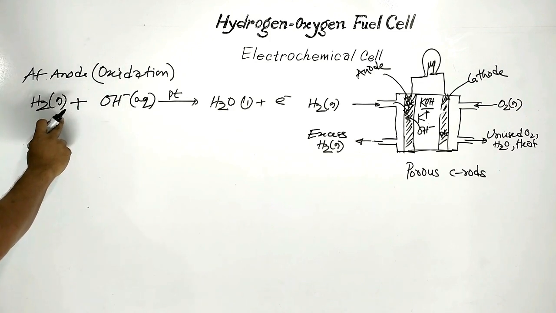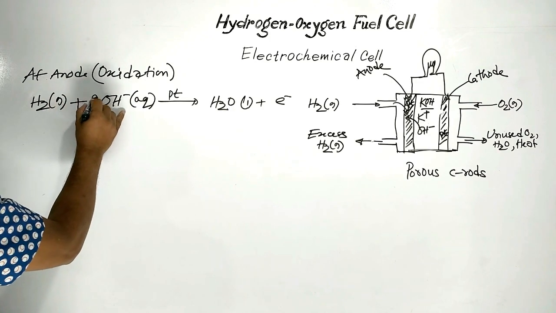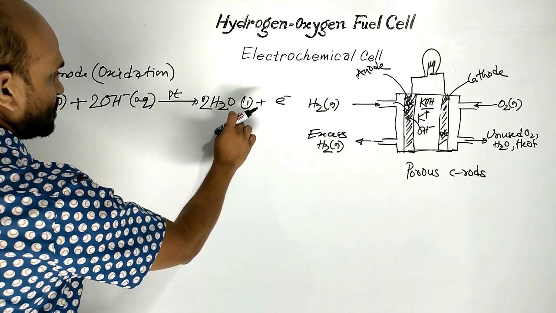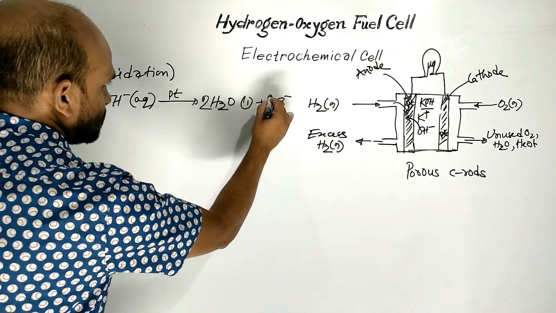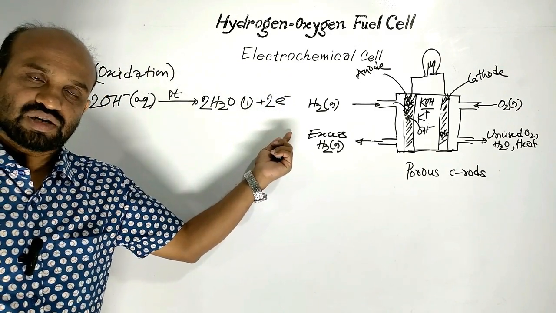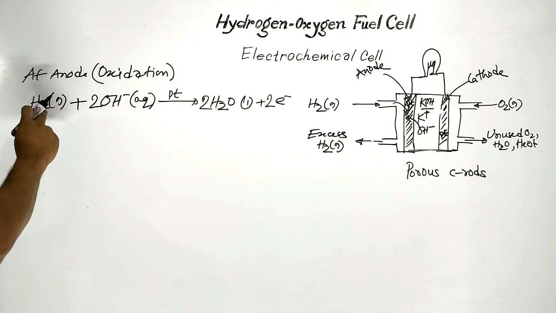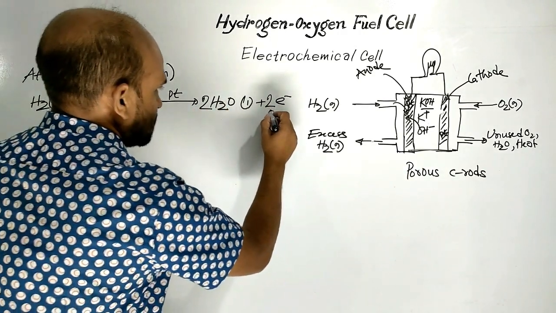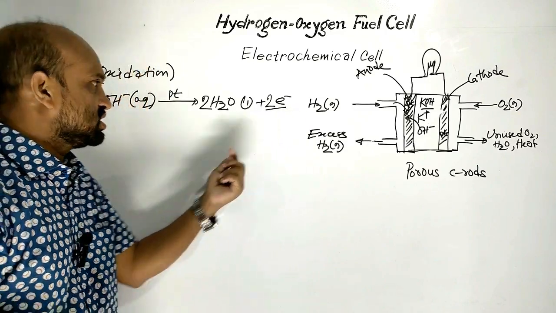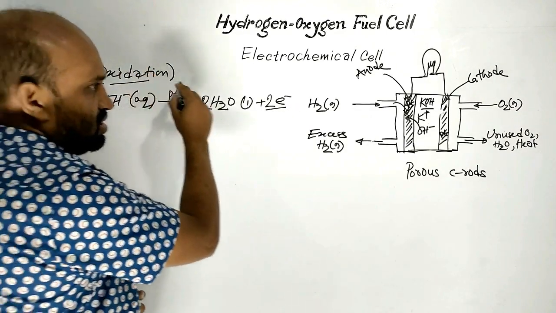If we balance the reaction, then we get here two molecules of water and 2 electrons. This is balanced reaction. So at anode, release of electrons occurs, which is oxidation.